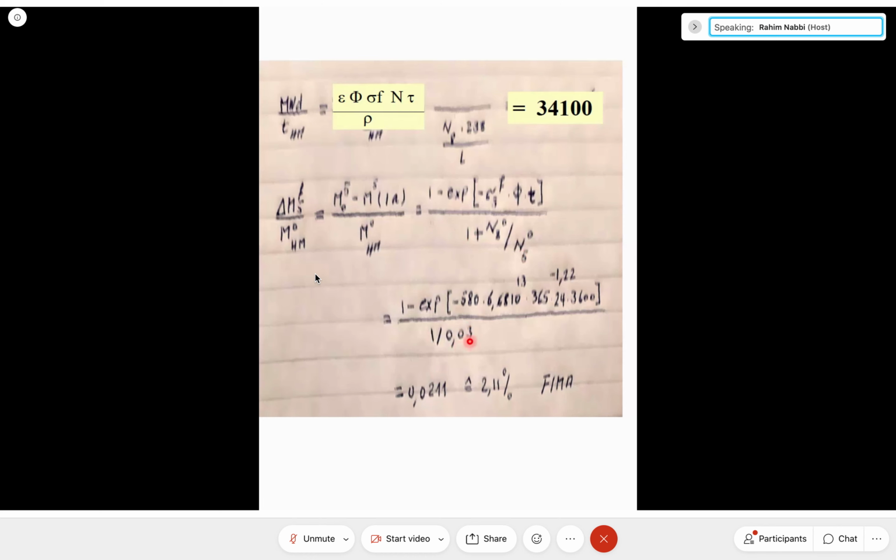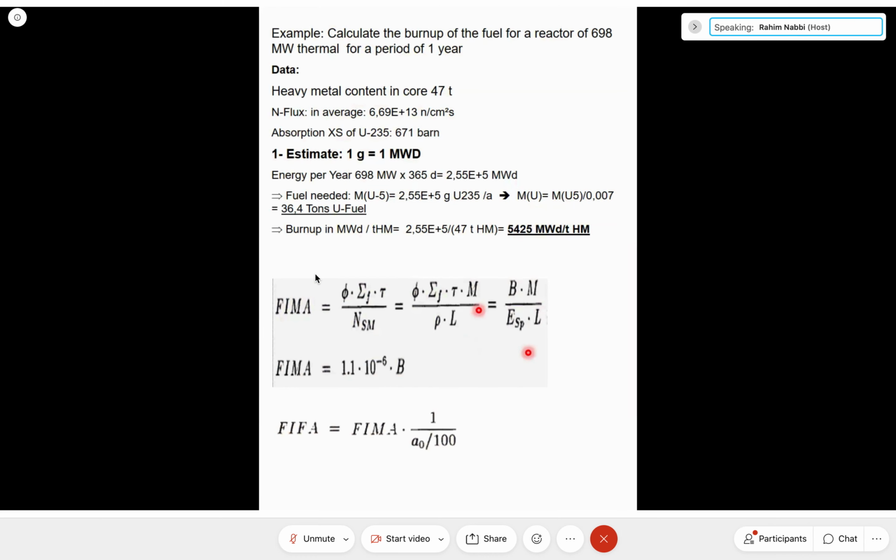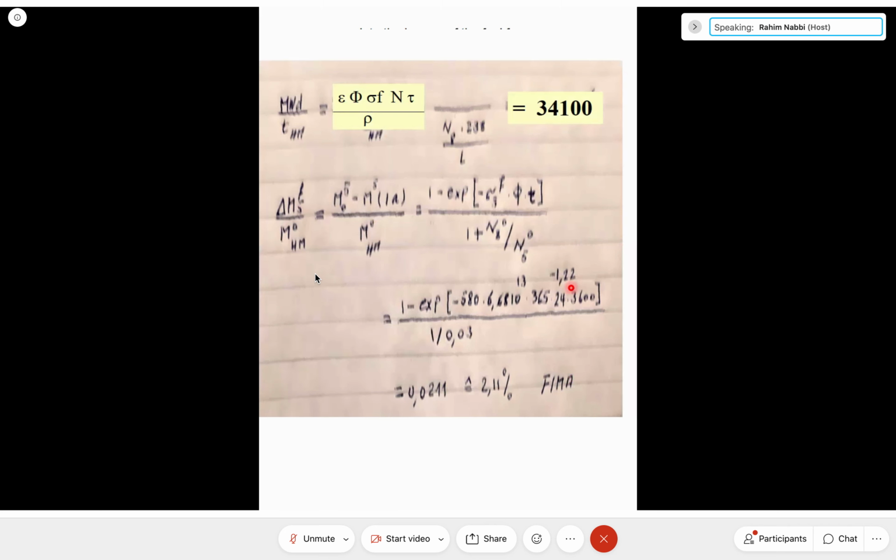For natural uranium, this number should be 0.007. Remember, as in here. But this is another, similar case, only not for natural uranium. It is for partly enriched uranium with 3% enrichment.